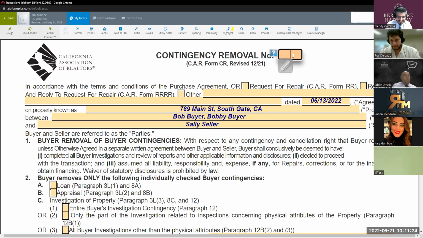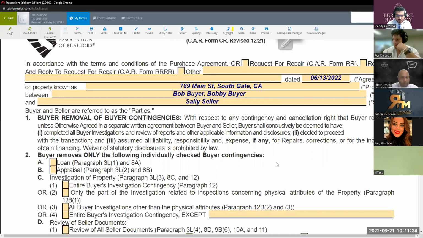From what I wrote down, the 6 items of contingencies are the disclosures, the reports, inspection, investigation, appraisals, and loans. Exactly.